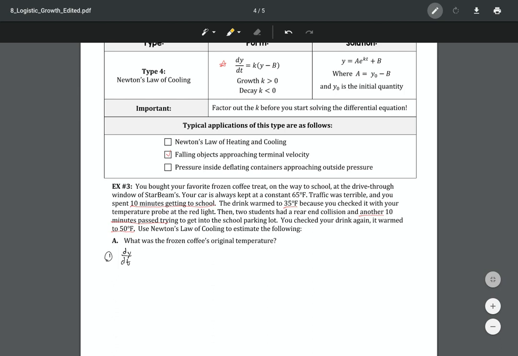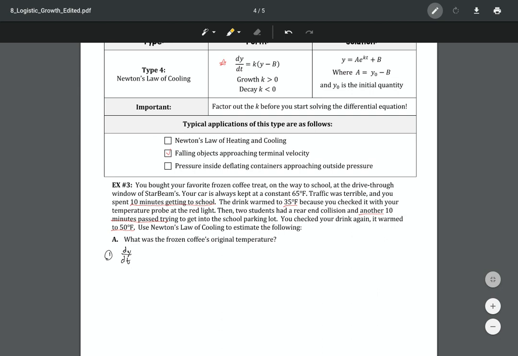Notice that what I'm looking for is the frozen coffee's original temperature. Before we start, I want to find the solution to this differential equation, and then plug in 0 for t, for time, to figure out the original temperature of the drink, or this frozen treat, whatever this was.